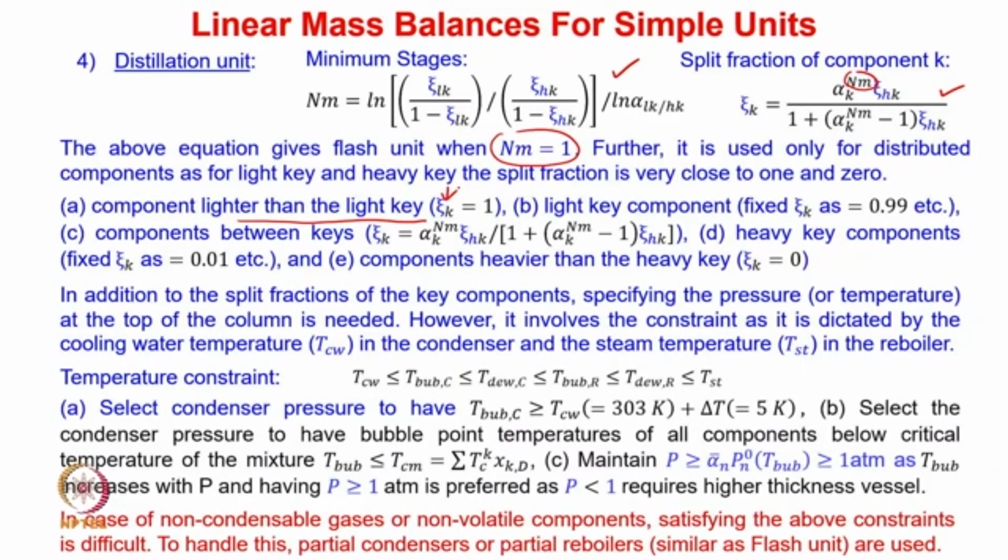So we don't need to worry too much about those components. For light key component, this value has to be specified by the user. Very often we take a value of zeta k for a light key component equal to 0.99. And for all other components between light key and heavy key, we calculate the split fraction using this particular equation.